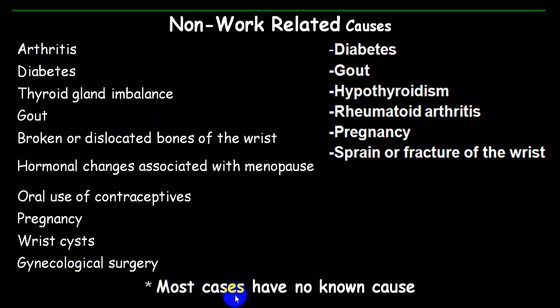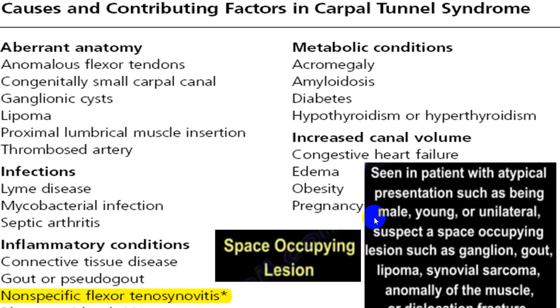Most cases have no known cause, that is idiopathic. So a big list: aberrant anatomy, infections, inflammatory conditions, space occupying lesions, metabolic conditions, increased canal volume, etc. There are many different causes. And still, if we can't identify, we put them into an idiopathic group.